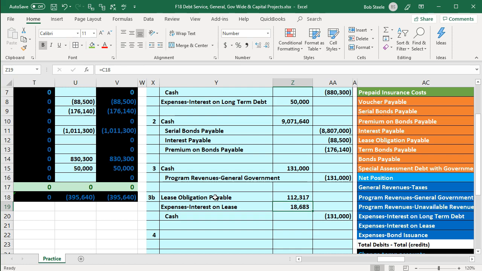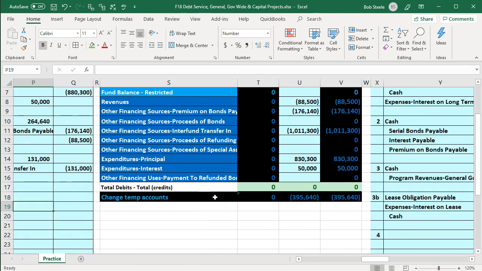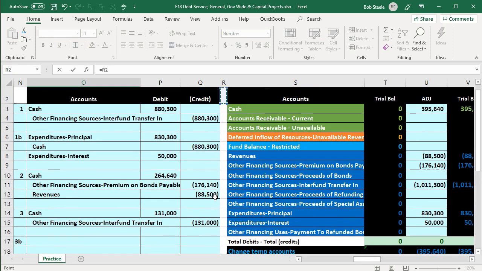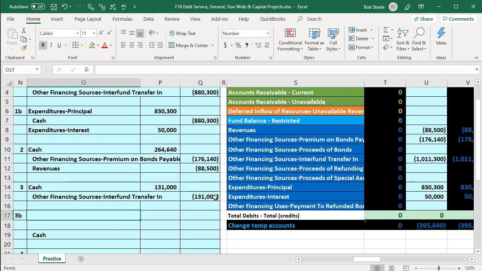So we're going to reconstruct this one on the debt service fund with a modified accrual, looking at the flow basis here. So the cash is going to be the same. And then we're going to say that we had the expenditure for the principal, and we have expenditure for the interest.